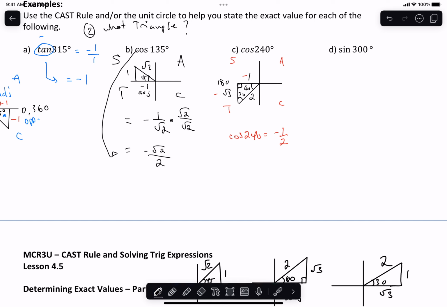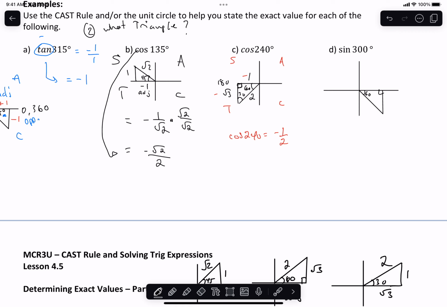One more. So the sine of 300. The sine of 300, we have to go and find 300 degrees. 300 degrees is going to be way over here like this. How far away? Well, it's going to be 60 degrees away from 360.